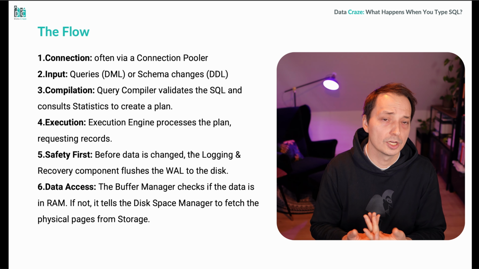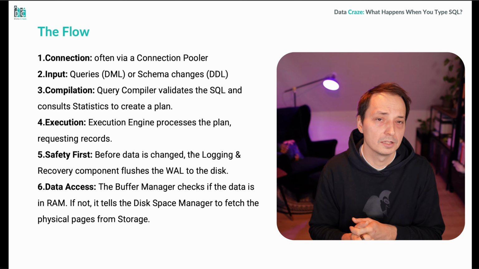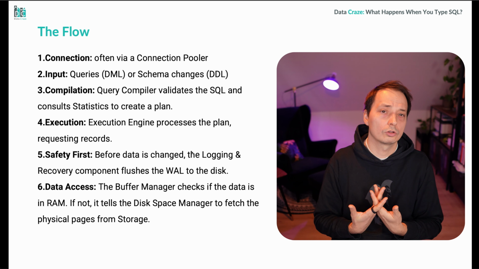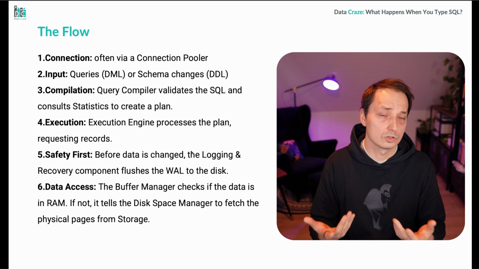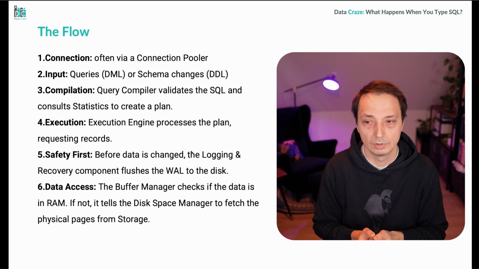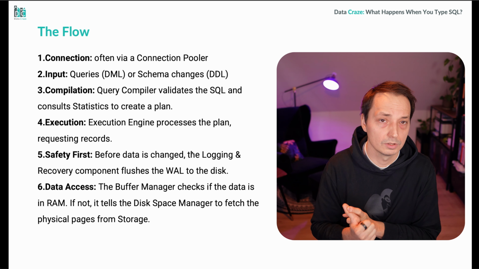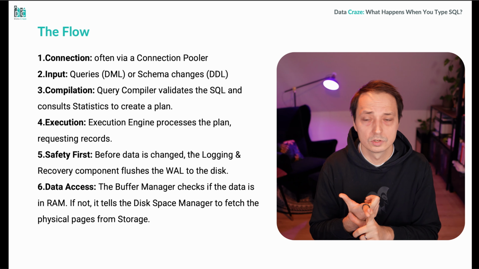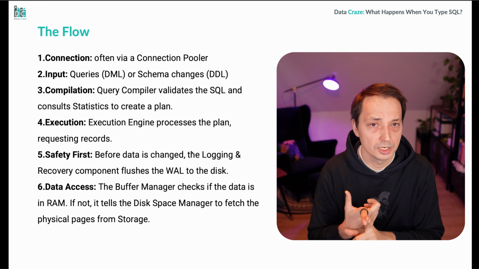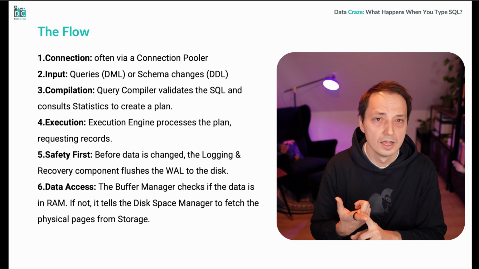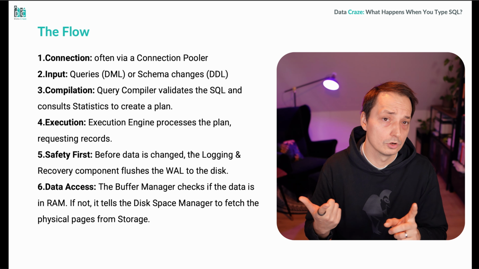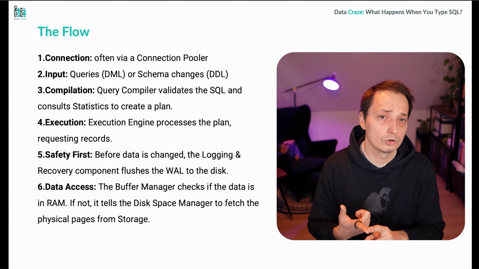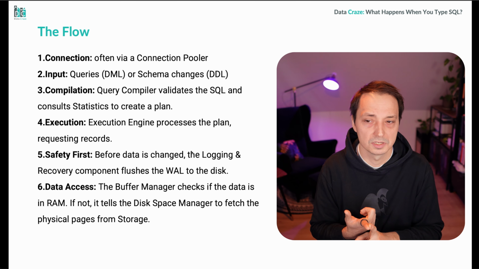There might be connections that are currently active, and they can be reused by other services in order to not create a new connection to the database each and every single time, exhausting the resources of the database management system. So the connection is the first one. Then is the input, so your queries or your schema changes. This is either the DML or the DDL of your service, or of you as a client of the database management system.